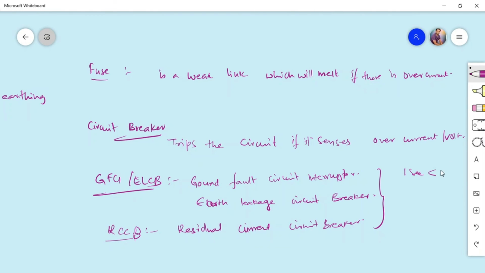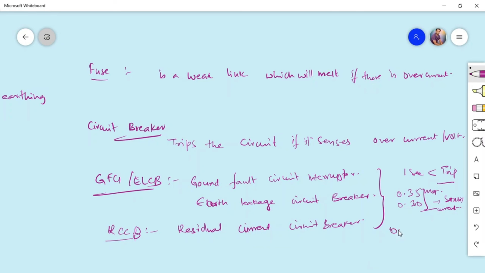It will sense a leakage current of 0.30 to 0.35 milliamps, which is the sensing current. Why is it 0.30 to 0.35?